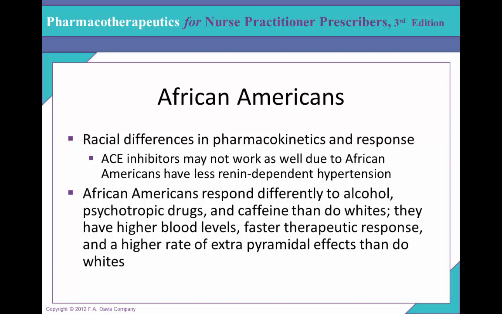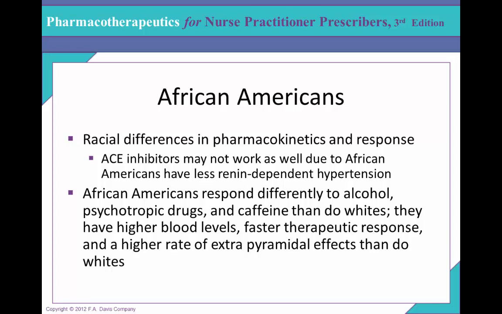For example, I was discussing priorly about an example of hypertension. In ACE inhibitors, African Americans, they have less renin-dependent hypertension. And that's the reason why ACE inhibitors tend not to work very well in this kind of population.